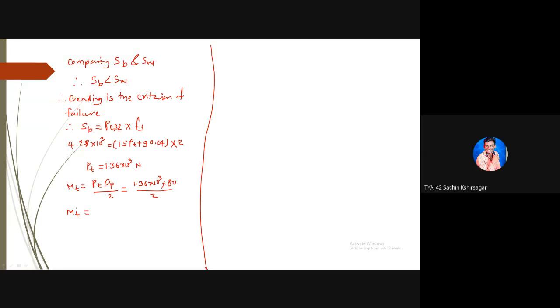54.66 into 10 raised to 3 Newton-mm. Therefore, once you have calculated torque transmitted, calculate power transmission.